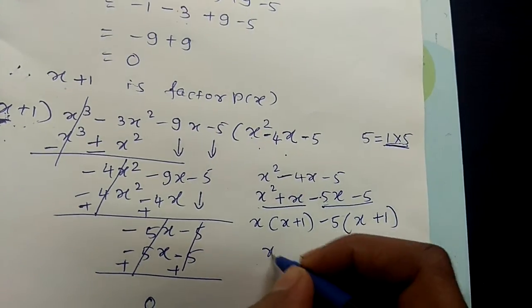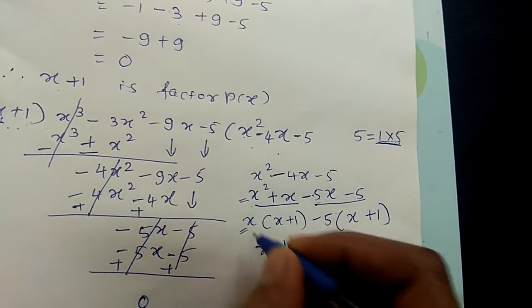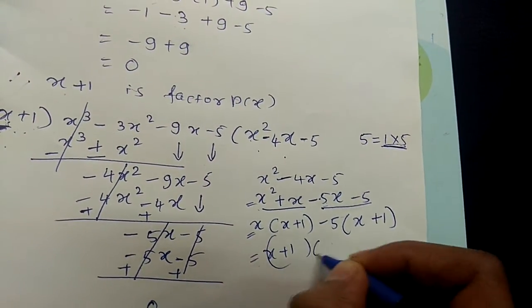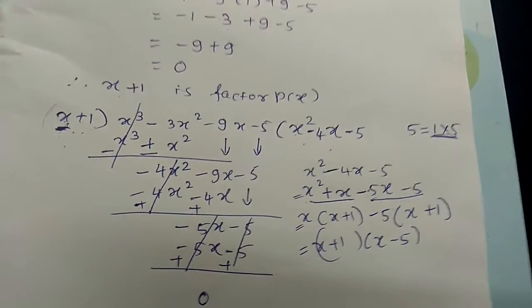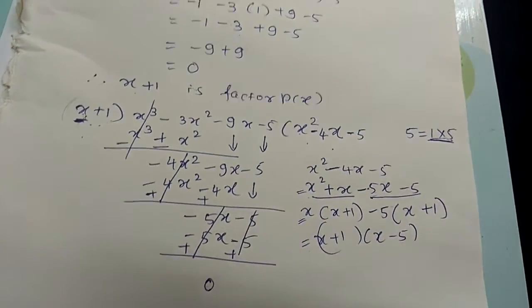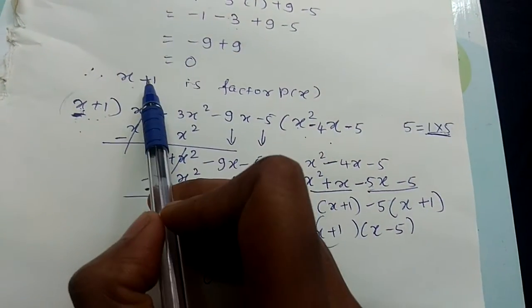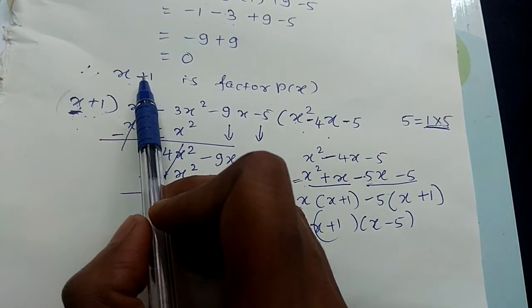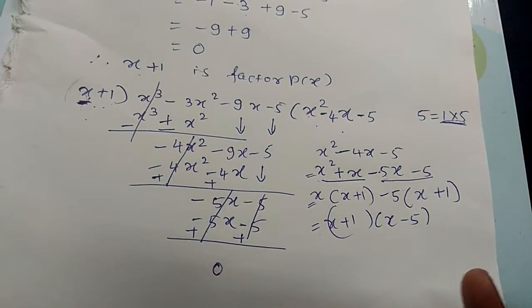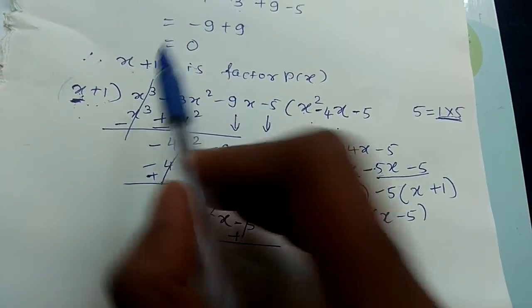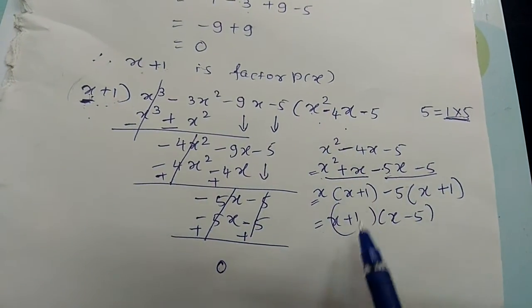So here x plus 1 is common. What will remain? x minus 5 will remain. As I told you, there will be repeated factors. x plus 1 we already got as a factor, and I told you that we will get x minus 5 as a factor, but which one is repeating we don't know. So x plus 1 we got, and here x plus 1 again repeating, and x minus 5.